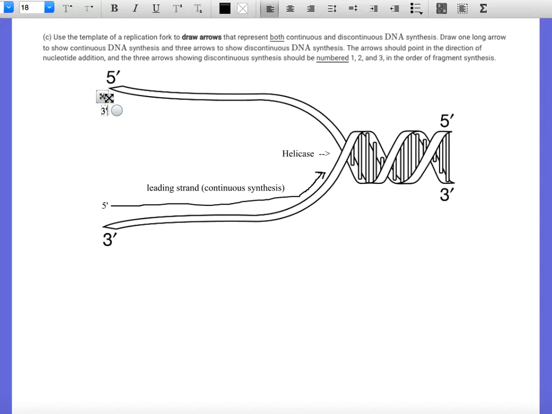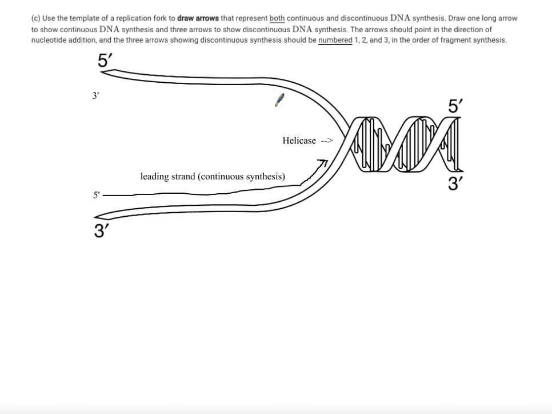And so same problem, but the difference is here, since the 5' to 3' direction is that way, DNA polymerase can move that way. But up top, it's more complicated because it can only move this way. But the helicase is still moving this way.